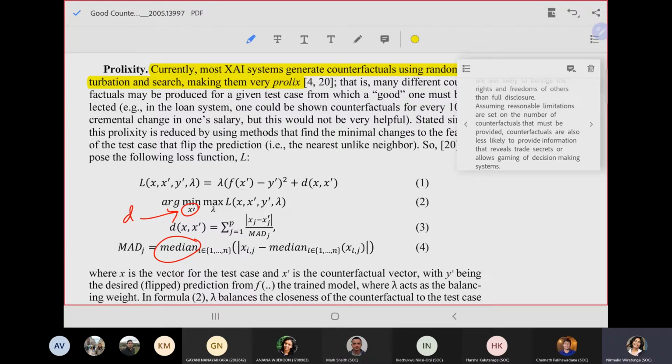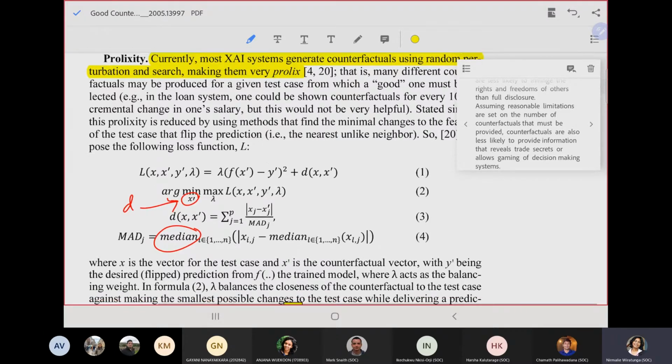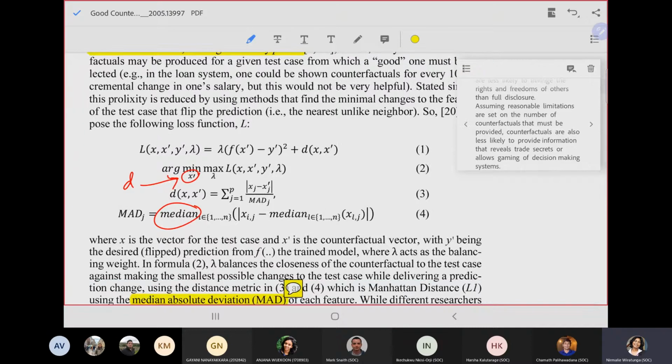This function is nothing but the prediction for the counterfactual X prime minus the, I suspect this is the actual prediction, which is also Y prime. So you want to make sure that they have a different class, and also you want to look at the nearest neighbor aspect of the counterfactual and the case.